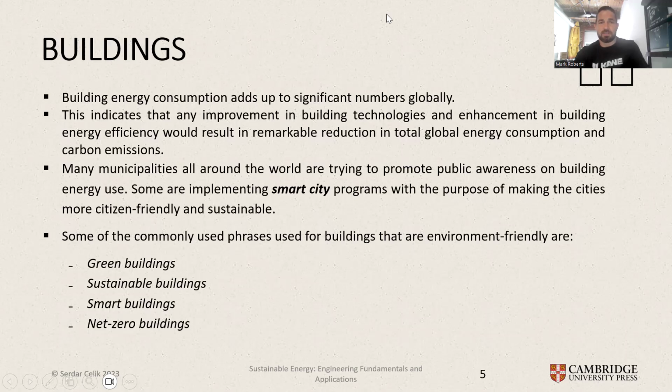Again, buildings are a big user of energy, and globally they amount to really high energy use, so there's a lot of work going on to increase the efficiency of buildings. Especially in cities, they're trying to purposely design their cities or buildings in order to minimize electricity costs.